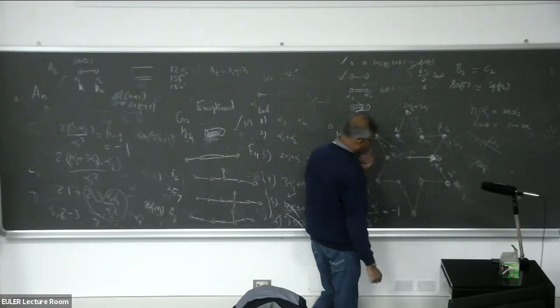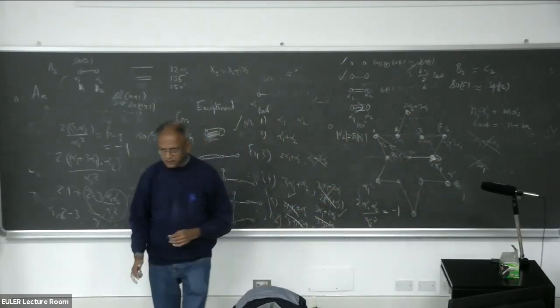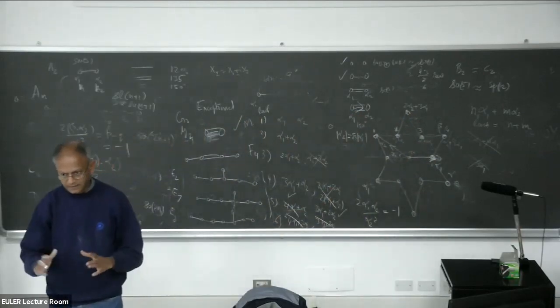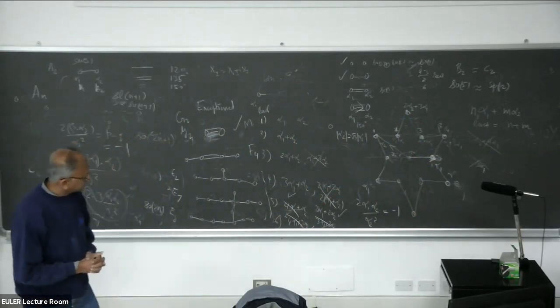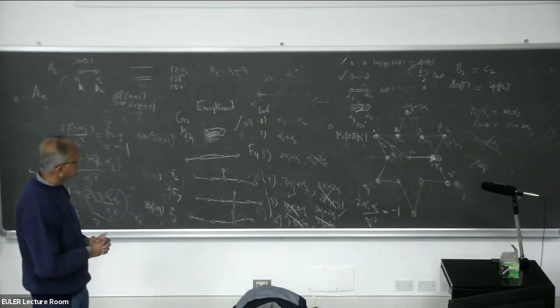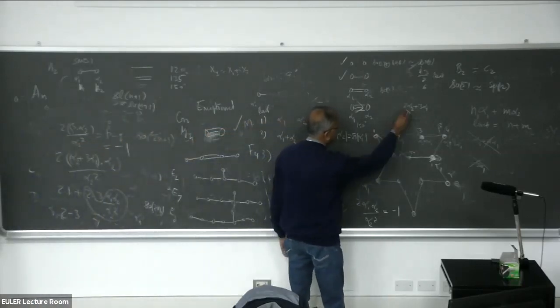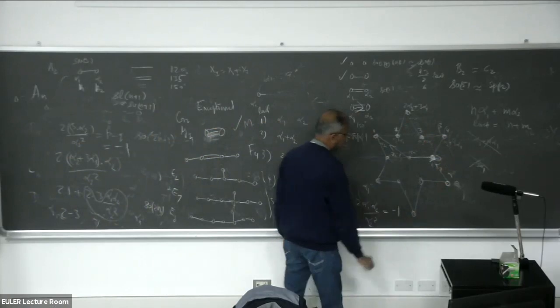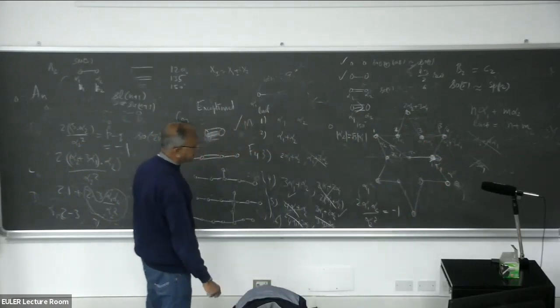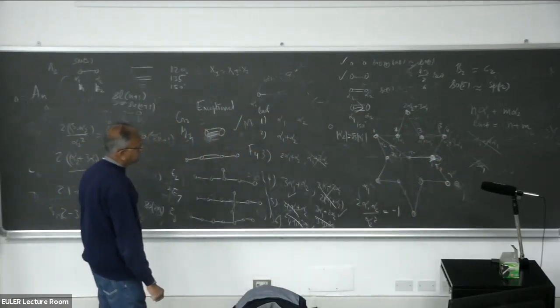So there are SU3 subalgebras here, but the whole thing is very complicated. If you take these 6 points, the outer hexagon, that will give you an SU3 subalgebra.